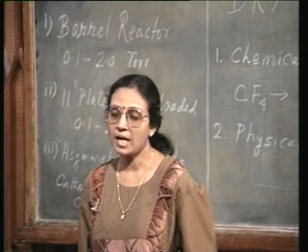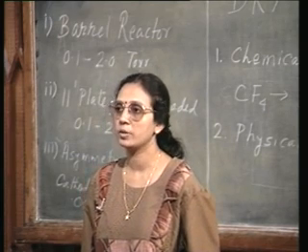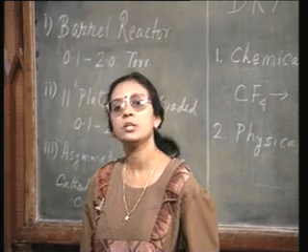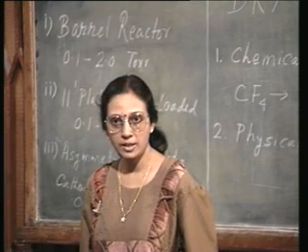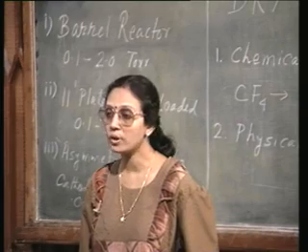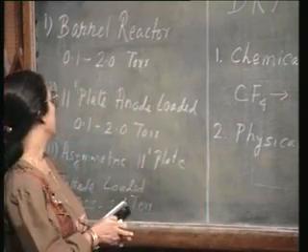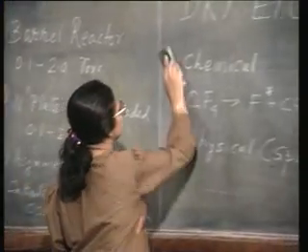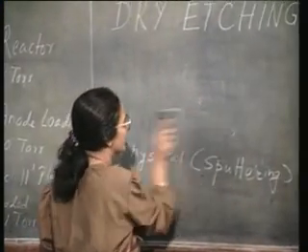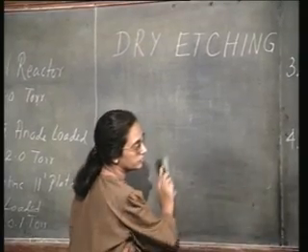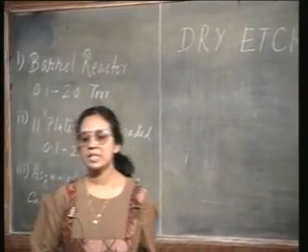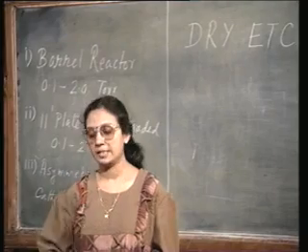But if I have very high ion bombardment energy, then I can totally do away with chemical etching and I can have only physical sputtering. So, that reactor is called the inert ion beam etching.